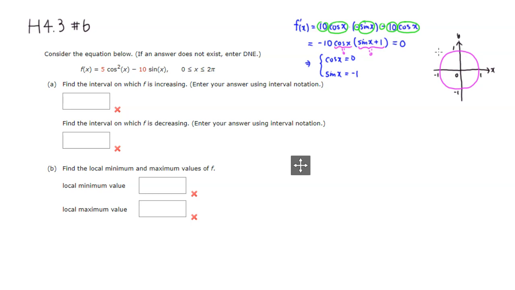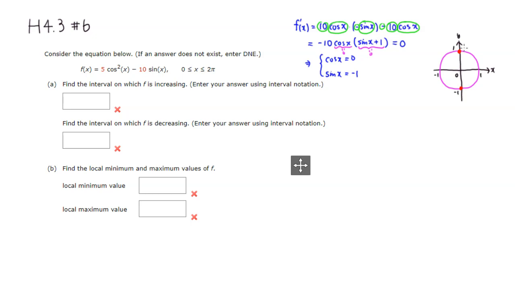We want the cosine to be 0. Cosine is the x-coordinate of the point on the unit circle, so we want that to be 0. We are looking at the x-coordinate 0, so it's a point here, and also a point there.